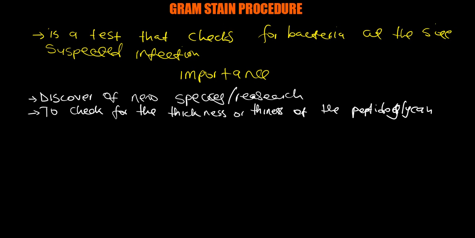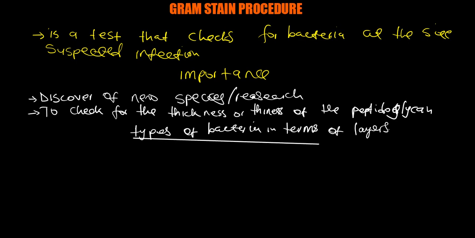In terms of this peptidoglycan layer, we have two types of bacteria: Gram positive and Gram negative.